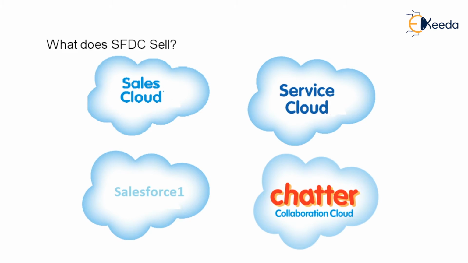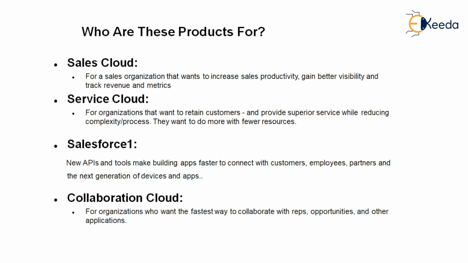Who are these products for? Sales Cloud is for a sales organization that wants to increase sales productivity, gain better visibility, and track revenue and metrics. Another product is Service Cloud.